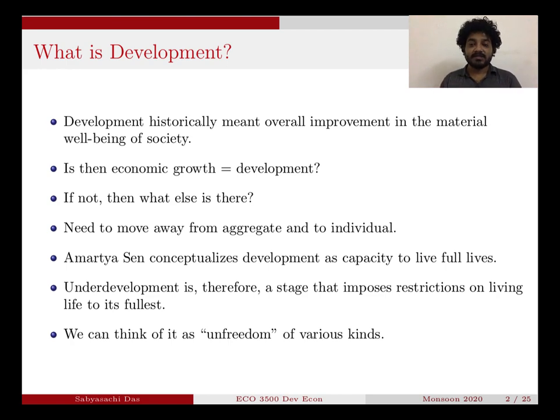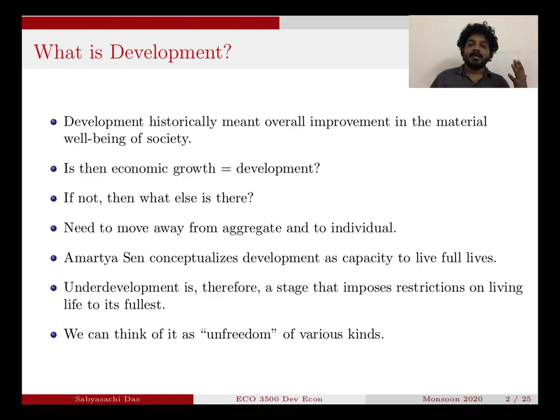Here, Amartya Sen's idea is to move away from the aggregate numbers or figures that people should be looking at in order to determine development, and move towards a more individual based approach in understanding development. What do I mean by moving away from aggregate and moving to individual?